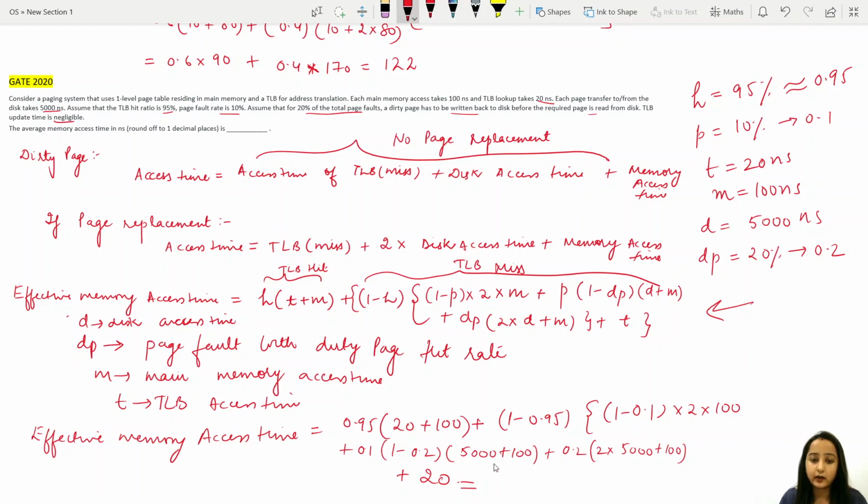When you calculate it, it comes out to be 154.5 nanoseconds. So when you solve this whole thing, it comes out to be 154.5 nanoseconds.